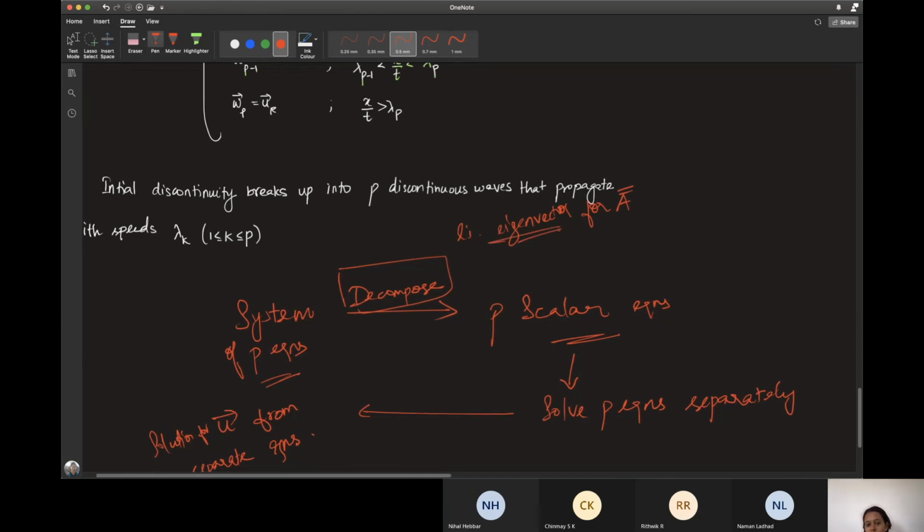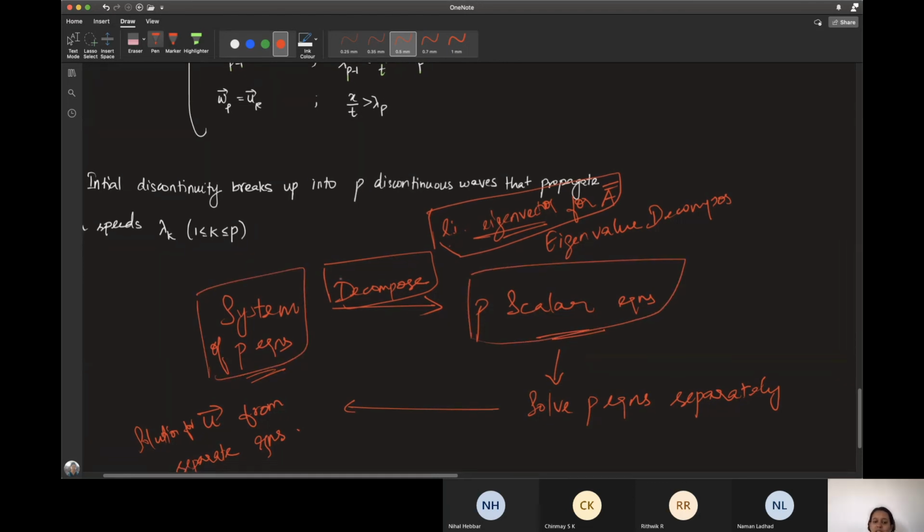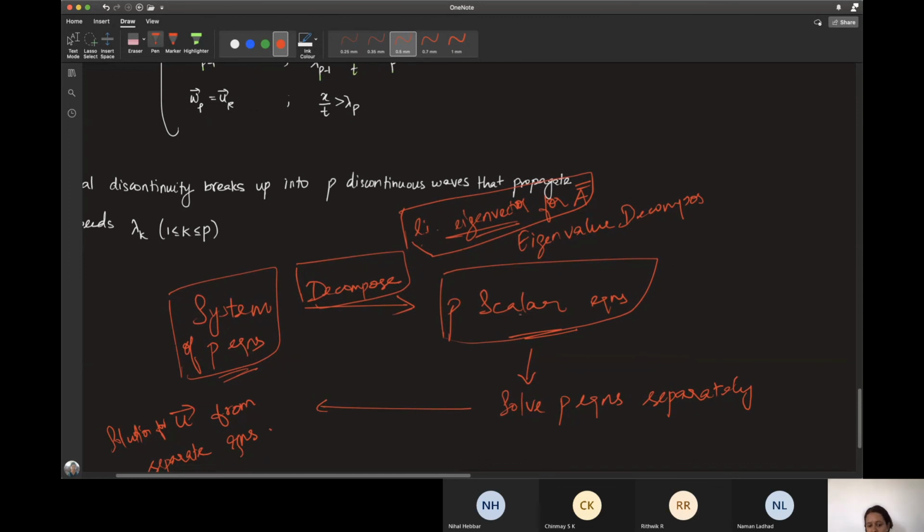This is possible only when you can do eigenvalue decomposition, and even for that you need linearly independent eigenvectors. Only then will you be able to decompose your system of P equations into P simple scalar equations. So this is not always possible for any general system of P equations. It's possible when you have a constant A matrix with linearly independent eigenvectors.